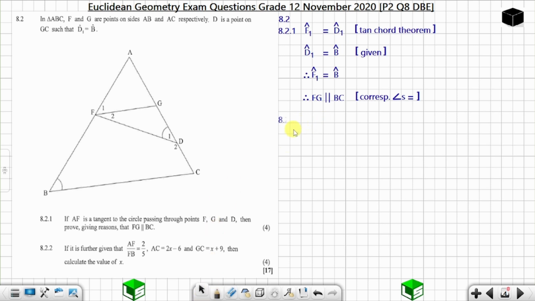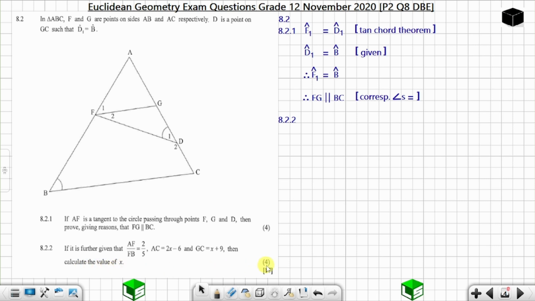Question 8.2.2. Now, if it is further given that AF over FB is equal to 2 over 5 and AC is equal to 2x minus 6 and GC is equal to x plus 9, then calculate the value of x.